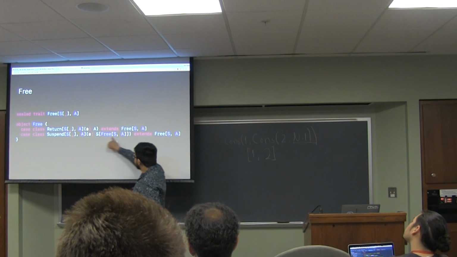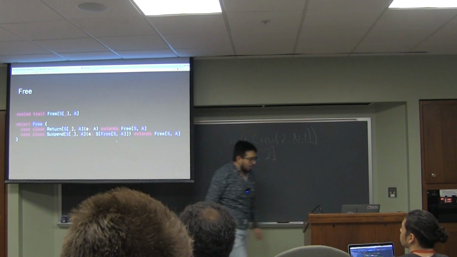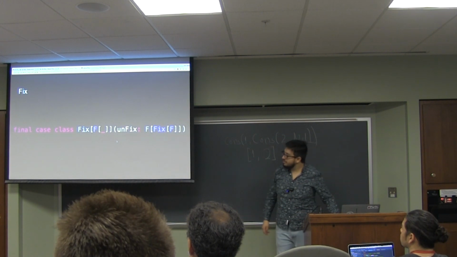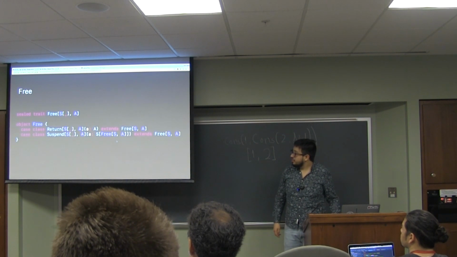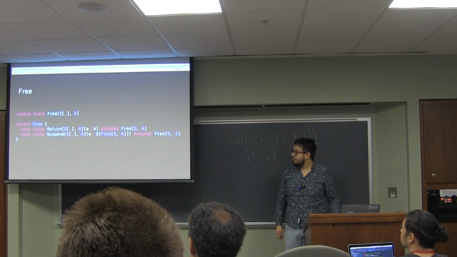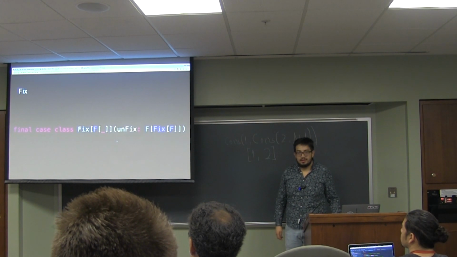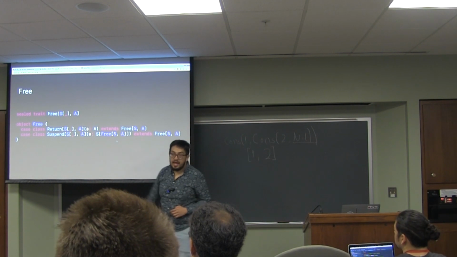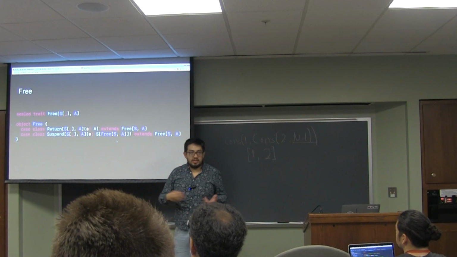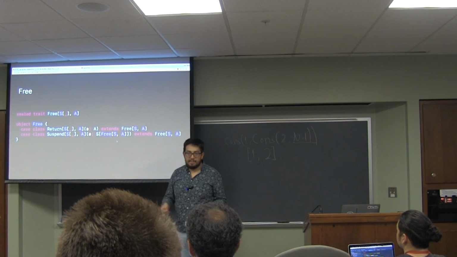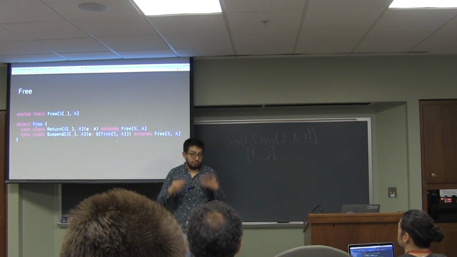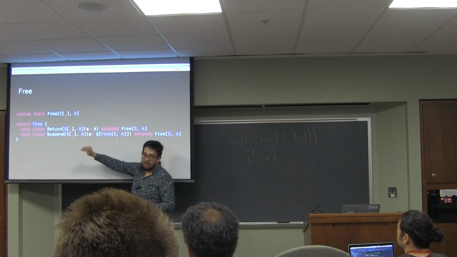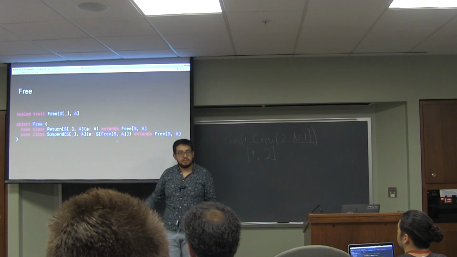If you look at this type here and then compare it to fix, you will see that they are pretty much the same thing, just with a different name. Instead of fix, it's called free. And of course, you also have an extra constructor here. So free, all it does is pass the functor to itself to make it recursive, and we'll also add a new constructor, A. This will become very useful.